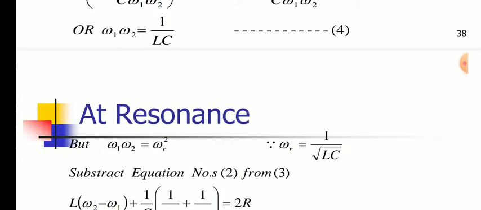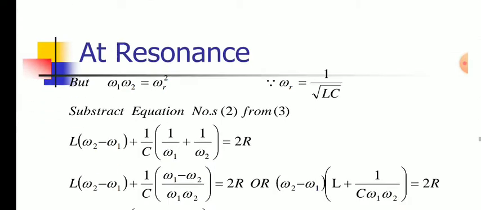Since omega r is equal to 1 over square root of LC, because FR is equal to 1 over 2 pi square root of LC, therefore 2 pi FR, that is omega r, is equal to 1 over square root of L into C. So with this, equation number 4 becomes omega 1 into omega 2 equal to omega r square.